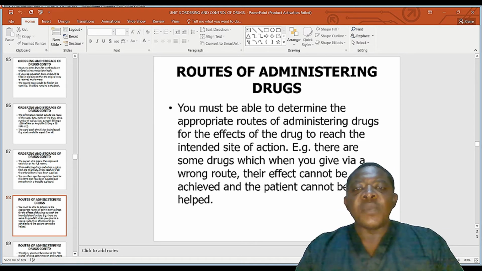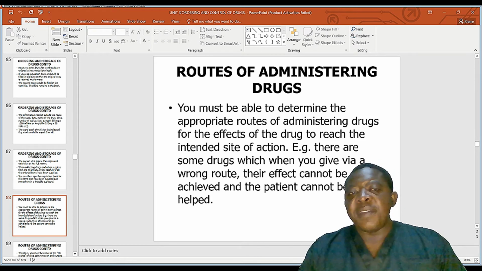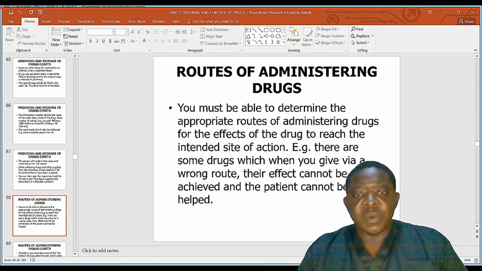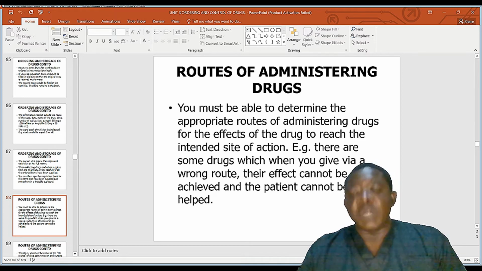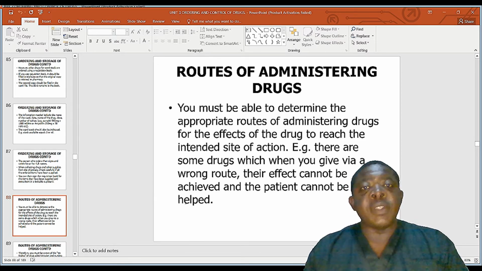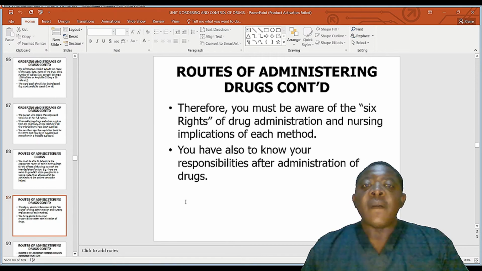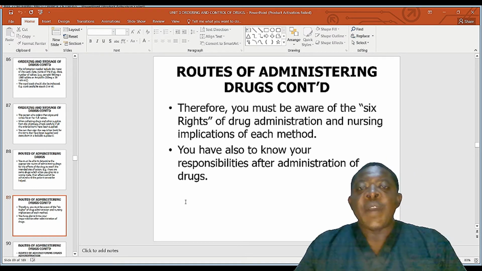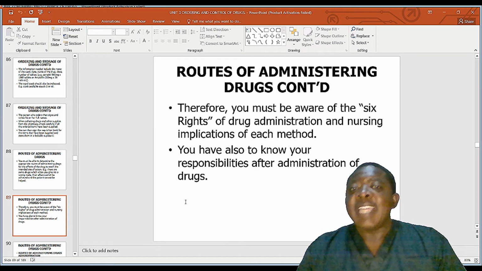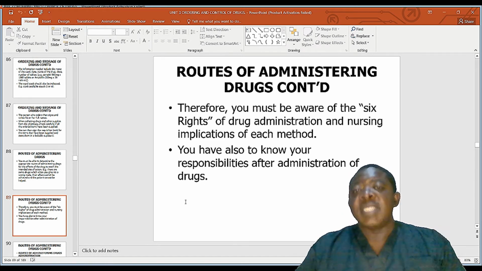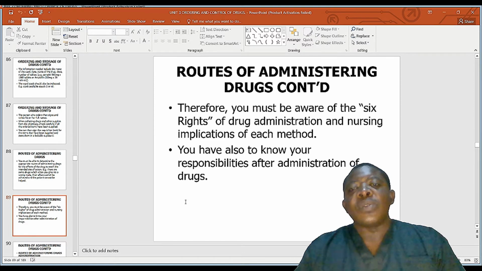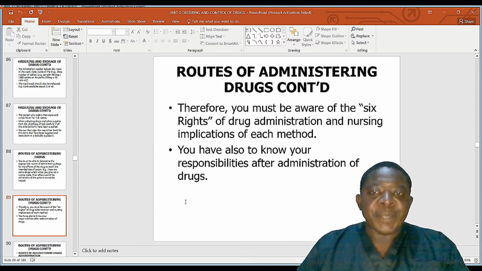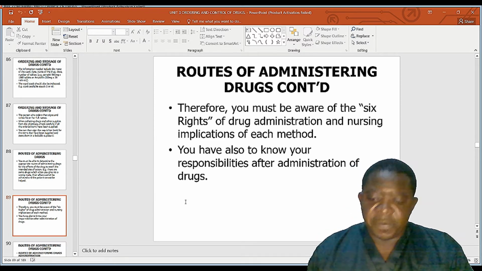There are some drugs which, when you give via a wrong route, their effect cannot be achieved, and they cannot even help the patient or can even cause the patient to die. Therefore, you must be aware of the 6 rights of drug administration and the nursing implication of each method. You also have to know your responsibility after administration of drugs.